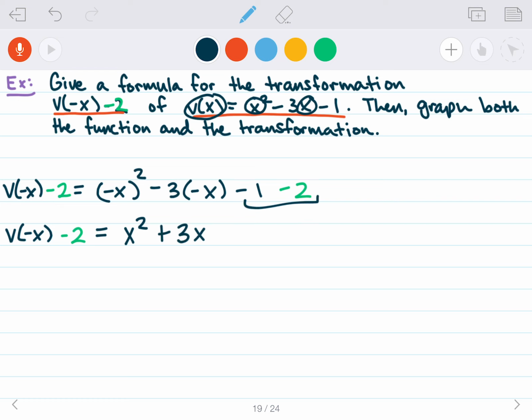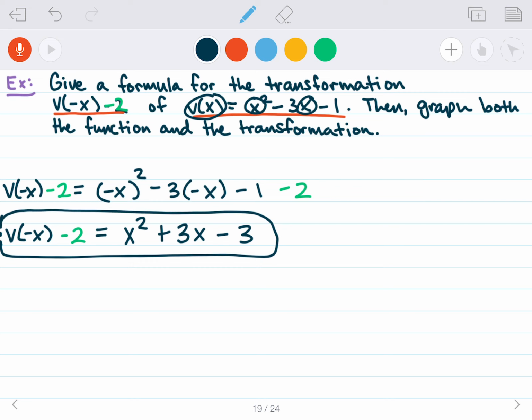And then -1 minus 2 makes a -3. So this is v of -x minus 2. This is the formula for it. And we also have a formula for v of x to consider. We have x squared minus 3x minus 1.